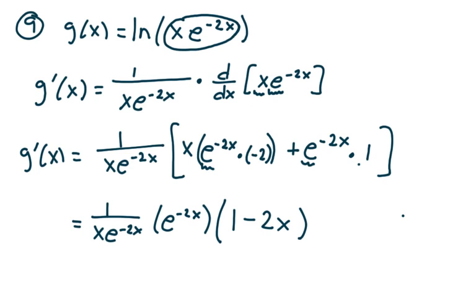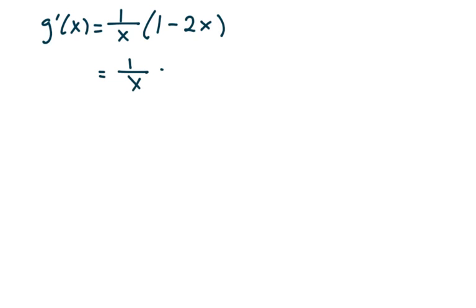There's a 1 here, and a minus 2x left over here. But these guys cancel. And so therefore, g prime of x is 1 over x times 1 minus 2x, which is equal to 1 over x minus 2.